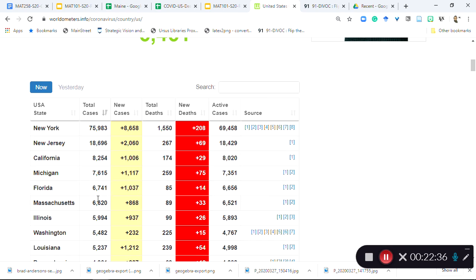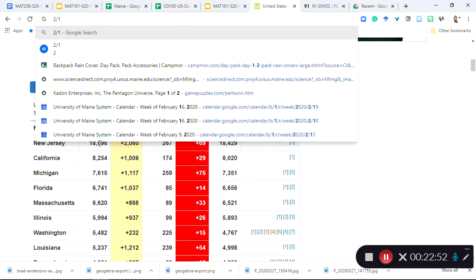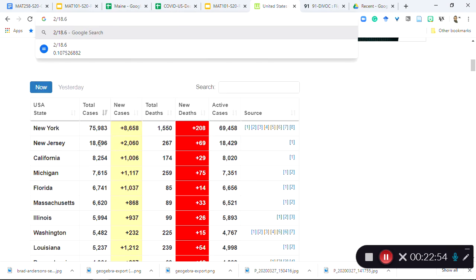These states, they're a week away from doing the same sort of thing, right? So what's happening here? 2,000 more cases out of 18.6, it's about a 10% increase.